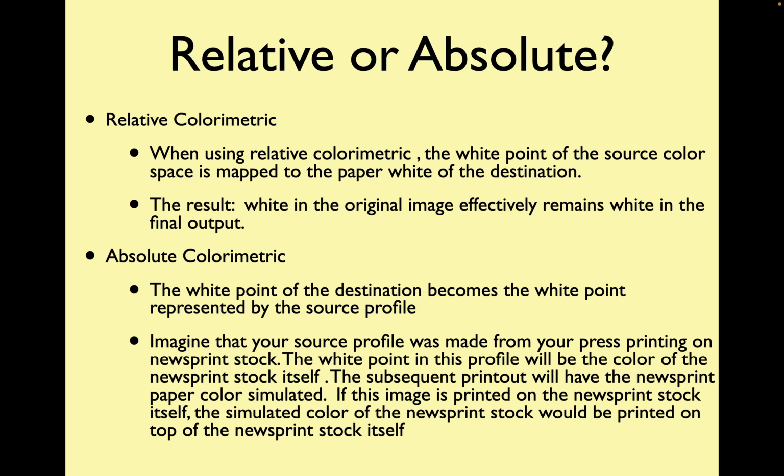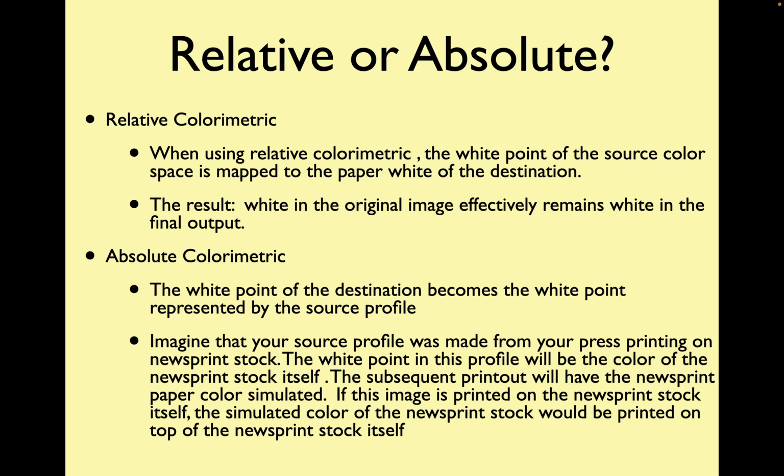So the easiest way I can explain this is this. Let's say you've scanned an old-time wanted poster from the Wild West, and it's a dingy yellow piece of paper, right? In relative colorimetric, when you print that thing out, it will look just like the poster. If your poster doesn't cover the whole piece of paper, you'll still have white edges around it, and then you'll have this yellowish antique paper representation on it.